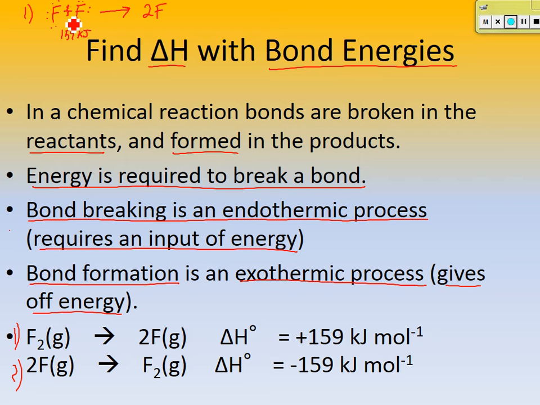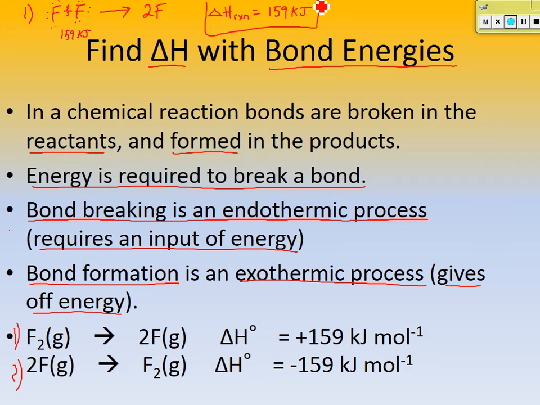So it takes energy to break a bond. If energy is coming in, should our delta H be positive or negative? Should be positive. And so that's exactly what this one is. There's no bonds on this side, so the delta H for this reaction is going to be a positive 159 kilojoules. Okay?